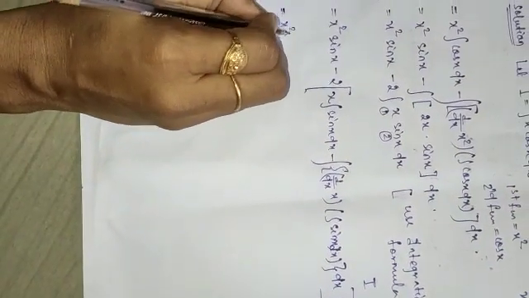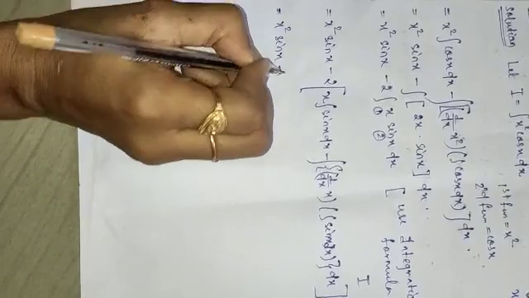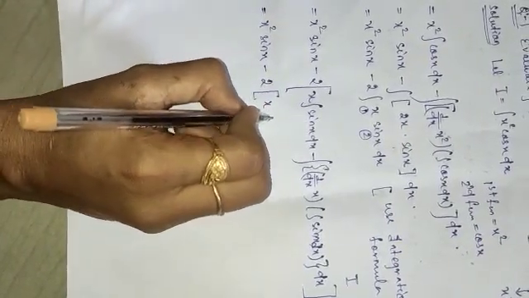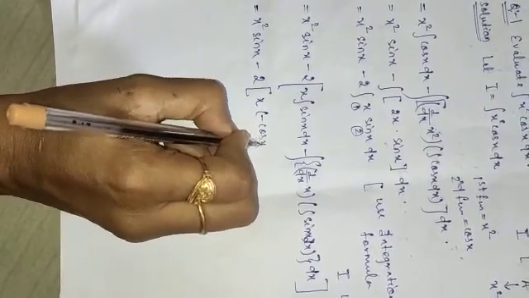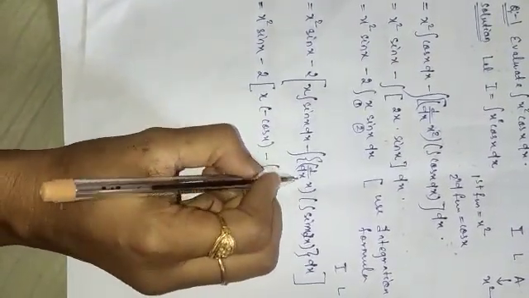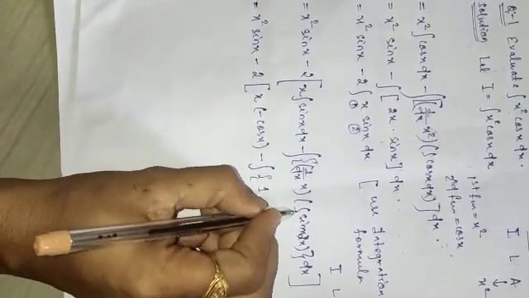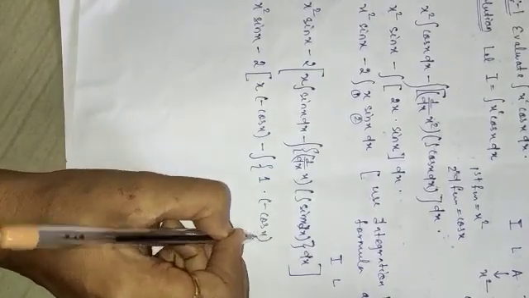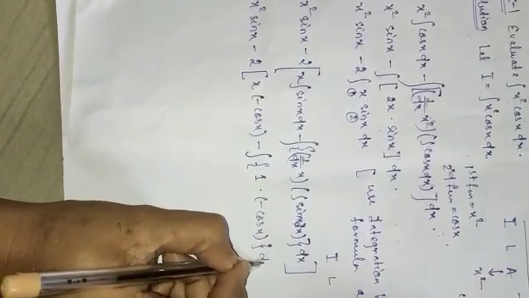So this is equal to x square sin x minus 2 into, here is x, the integration of sin x is minus cos x, minus the integral, curly bracket, the derivative of x is 1 into the integration of sin x, which is minus cos x, then dx.